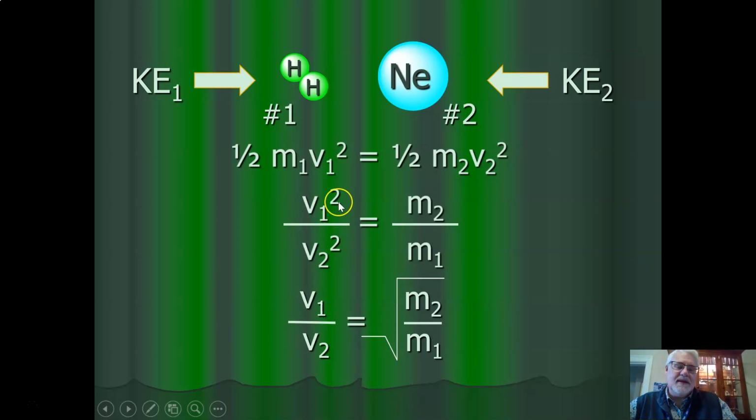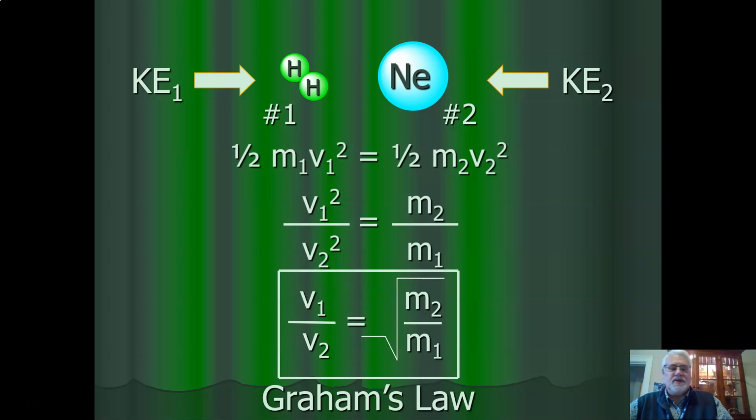And then you'll get the squared over squared thing gone. And what we really want to know is the ratio of their velocities. The ratio of the velocities can be determined by taking the square root of the inverse of dividing the masses. So that's a fancy way of getting to what we call Graham's law.